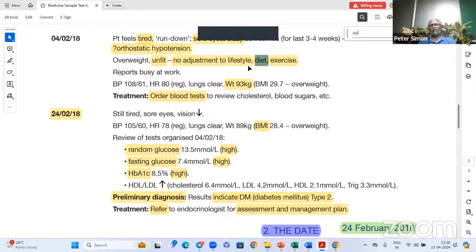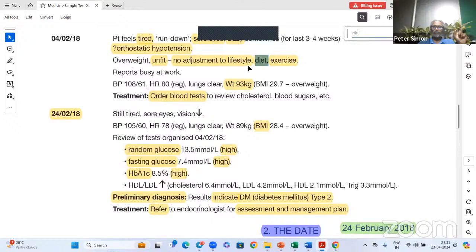How can you use little? And diet. Was physically overweight and unfit. Did not make any. He was non-compliant to lifestyle modifications. You can say like that. Diet and exercise. No adjustments to lifestyle, no adjustment to diet, no adjustment to exercises.